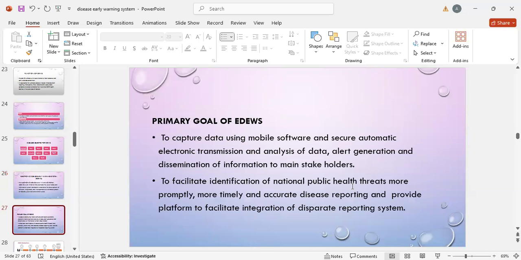Primary goal of EDEWS: to capture data using mobile software and secure automatic electronic transmission and analysis of the data, alert generation and dissemination of information to main stakeholders, to facilitate identification of national public health threats more promptly, more timely and accurate disease reporting, and provide a platform to facilitate integration of the disparate reporting systems.